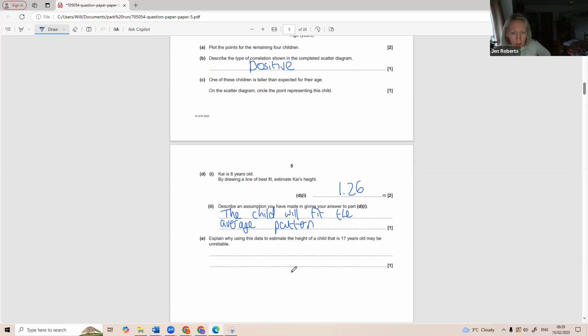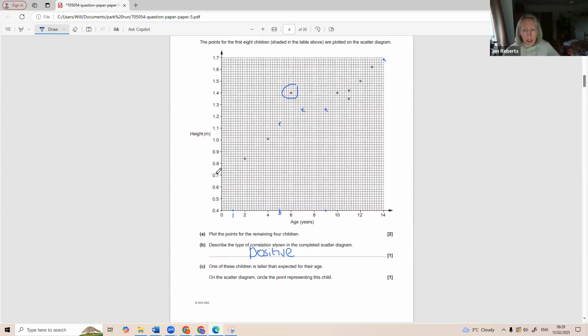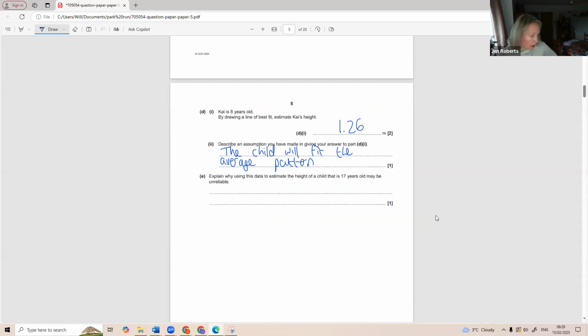Explain why using the data to estimate the height of a child that is 17 years old may be unreliable. Can you see in our scatter graph, the age goes up to 14, so it's out of the data range. Let me just see what they put. Yeah, only have data on students up to 14 years old.